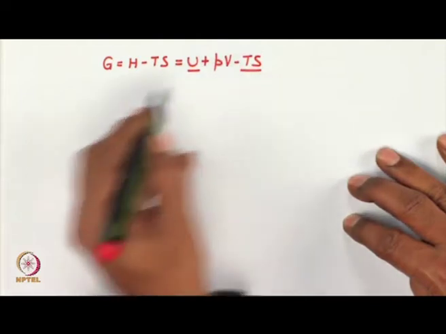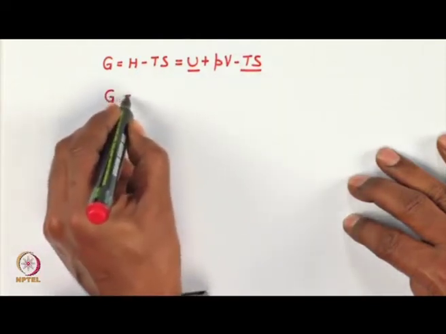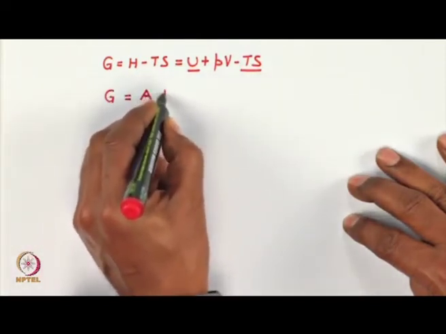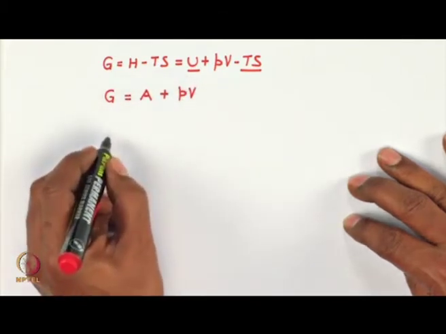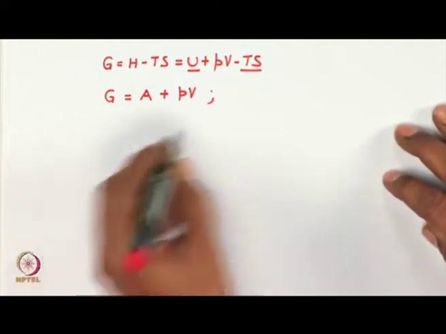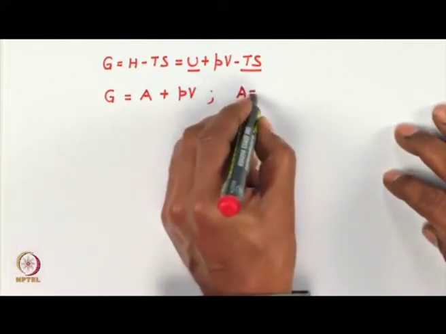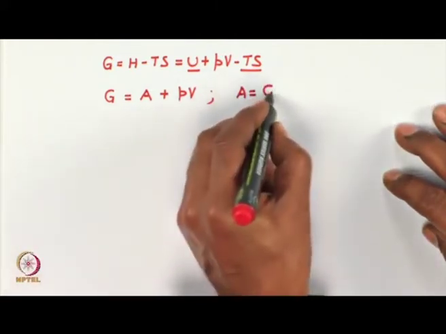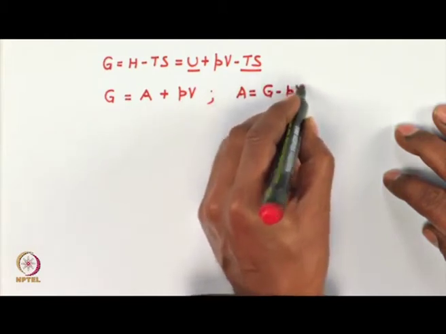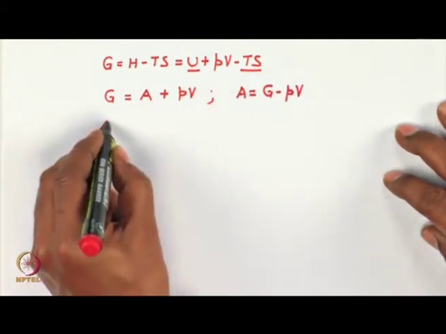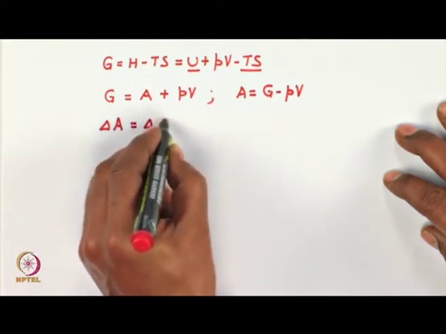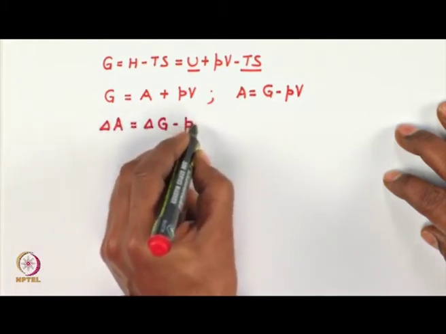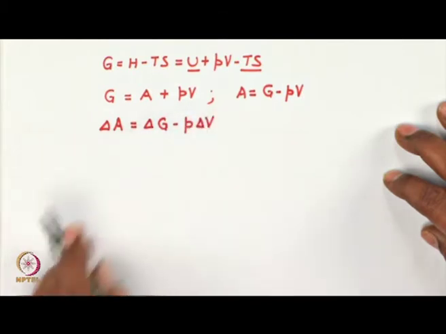U minus TS is A. So, therefore, G is equal to A plus PV. This allows me to write A is equal to G minus pressure into volume, and since pressure is constant, I will write delta A is equal to delta G minus P times delta V.